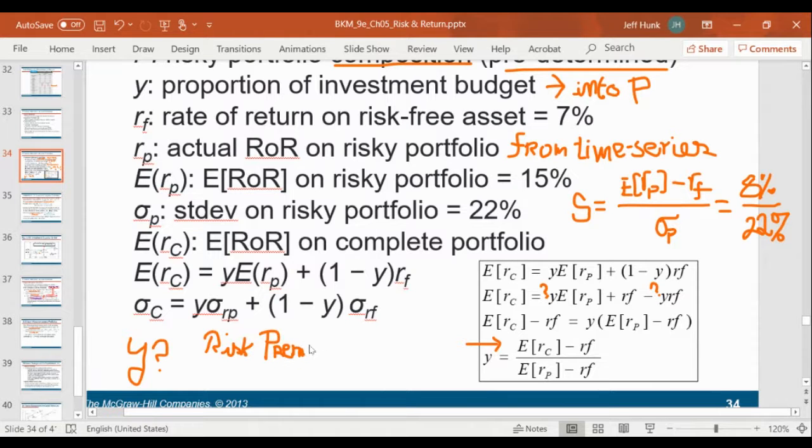Risk premium on the complete portfolio C.